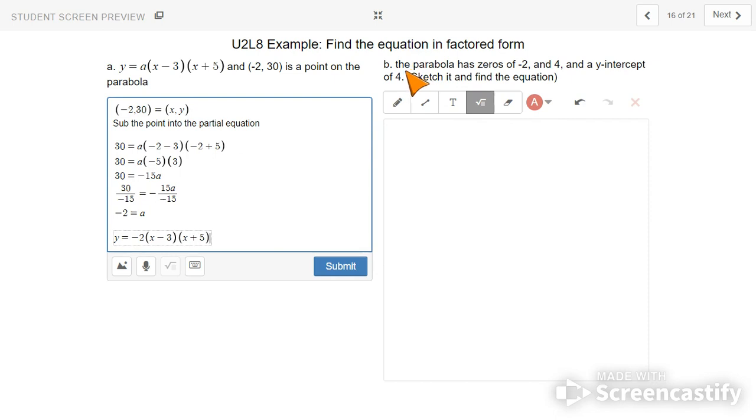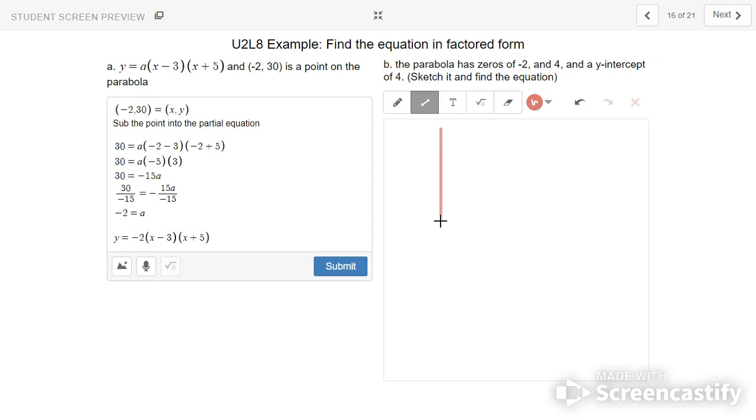Okay, the next example: we have a parabola with zeros of negative 2 and 4 and a y-intercept of 4. Sketch it and find the equation. Right, first of all, let's do a quick sketch. I know that at negative 2 we have an x-intercept, and at positive 4 we also have an x-intercept.